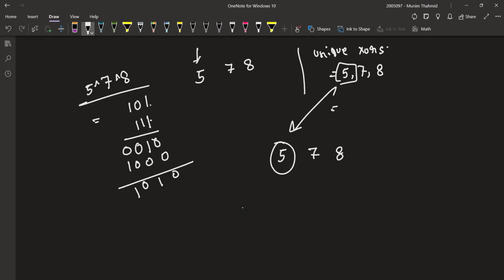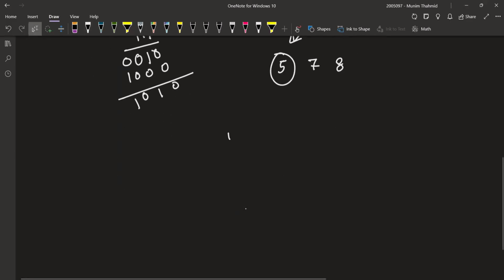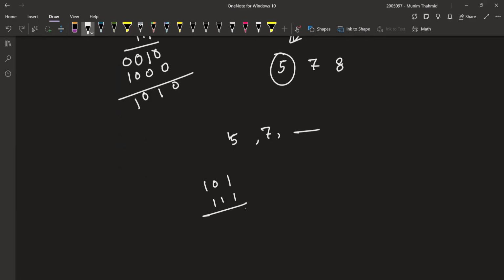Because, for example, if we have 5, 7, let's see what the value is again. 5 is 1, 0, 1, 7 is 1, 1, 1. If we XOR, we get 0, 1, 0. But what if our next value is something like this, 0, 1, 0, the exact same value as the XOR?